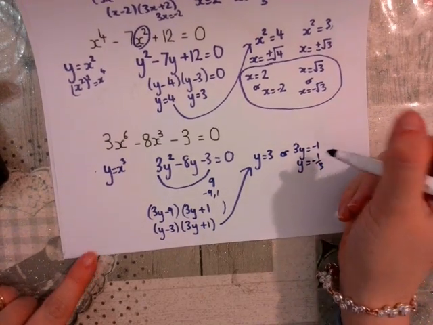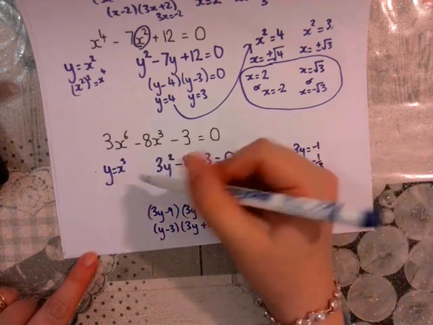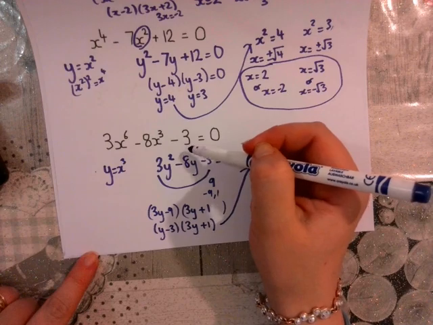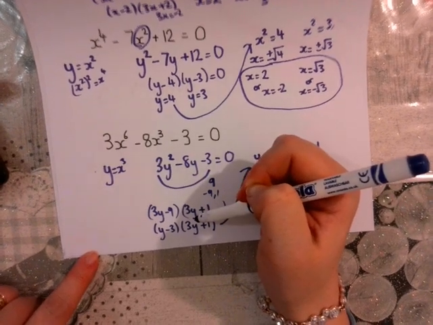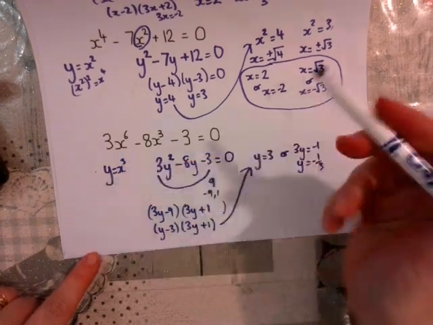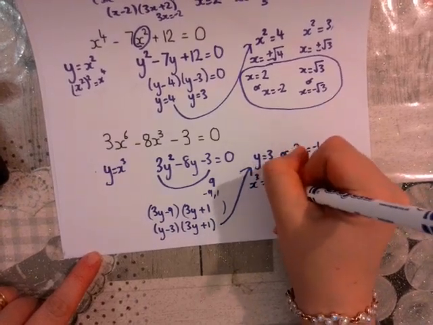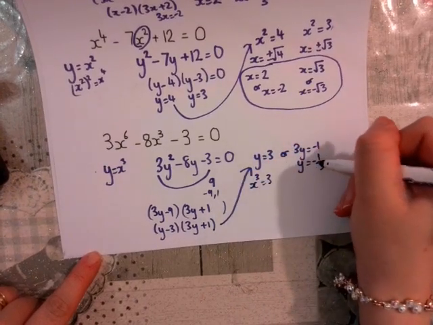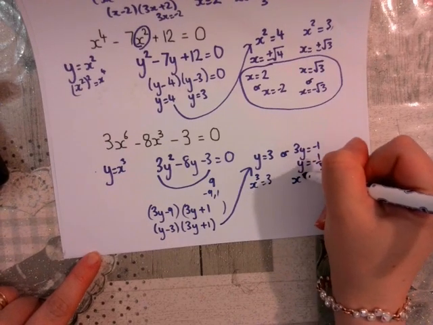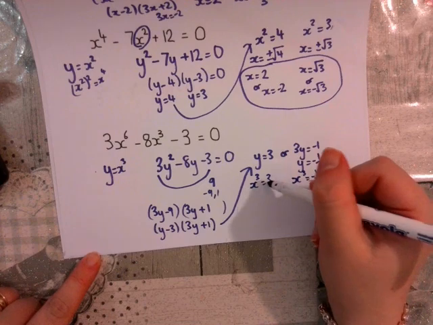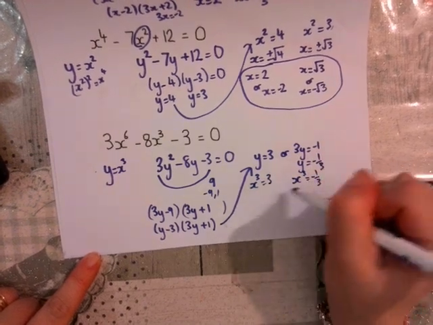Right, so again, it's not just y that equals that, y is actually x cubed, and because our starting equation was in terms of x, I want my solutions to be in terms of x as well. So instead of y equals 3, actually it's x cubed equals 3. And again, instead of y equals minus a third, it's going to be x cubed equals minus a third. So cubing doesn't really make a difference whether it's positive or negative.